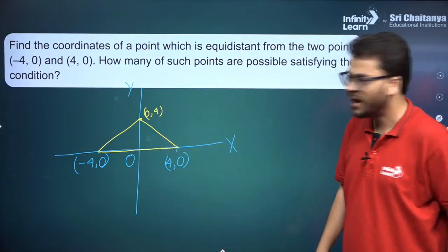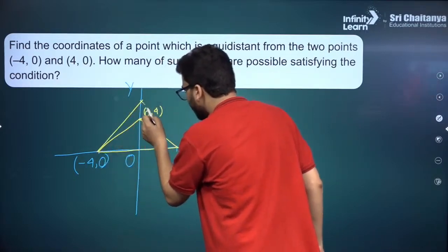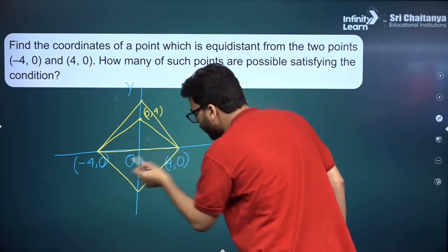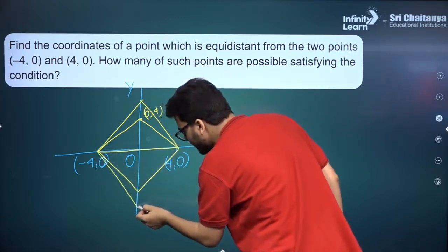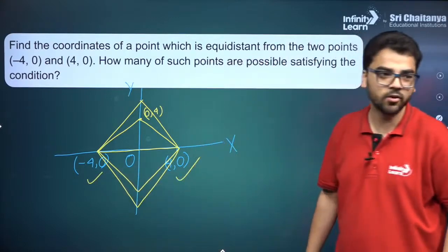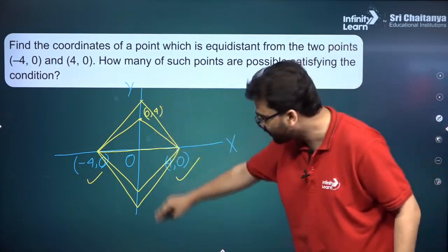Very good, Ashutosh. Basically, if you take any point on the y-axis, guys, are you able to understand that any point on the y-axis will be at an equal distance from these 2 points, -4, 0 and 4, 0? You got that logic? Very good, Samarpita and Ashutosh. Infinite number of points are there.